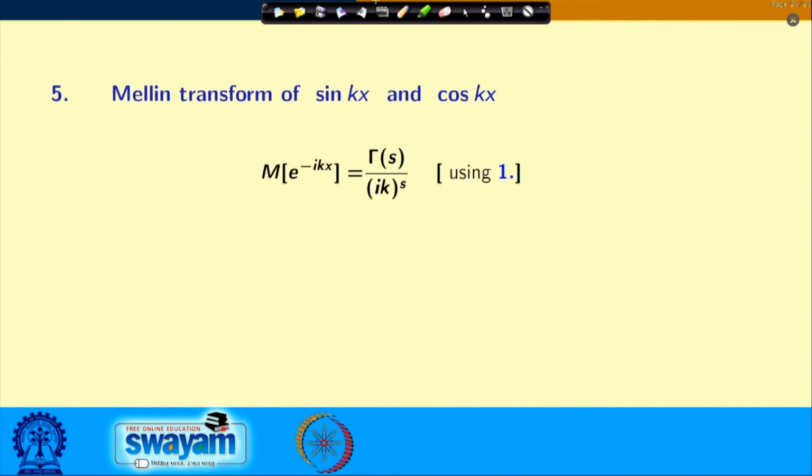So, the Mellin transform of sin kx, we know it using the equation 1, using problem 1. The Mellin transform of e power minus i kx is gamma s by (ik) to the power s, which you can write as gamma s by k to the power s, and i to the power minus s can be written as cos s pi by 2 minus i sin s pi by 2.